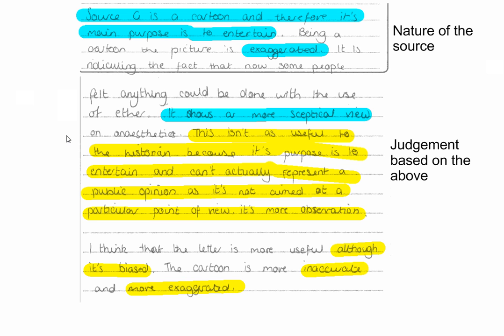This isn't as useful to the historian because its purpose is to entertain and can't actually represent public opinion, as it's not aimed at a particular point of view. It's more an observation. So they've applied a judgment based on the nature. There's a little bit of content in there, but not a whole amount. I think the letter is more useful, although it's biased. The cartoon is more inaccurate and more exaggerated. And so here they've applied a conclusion, answering the question.